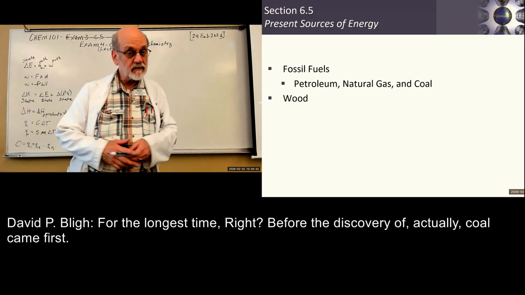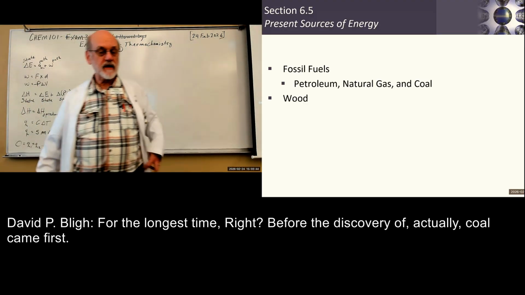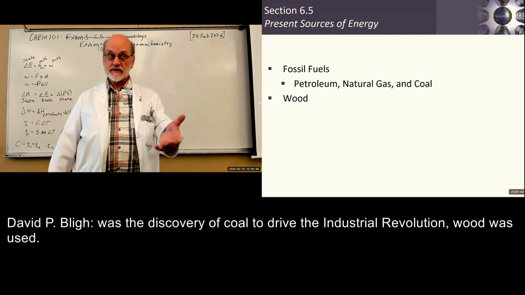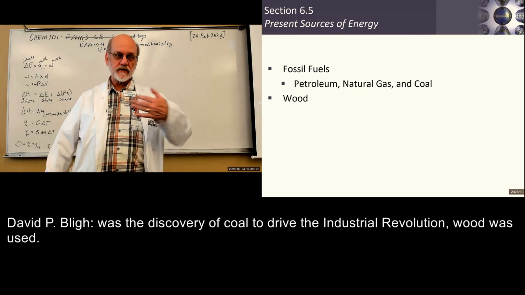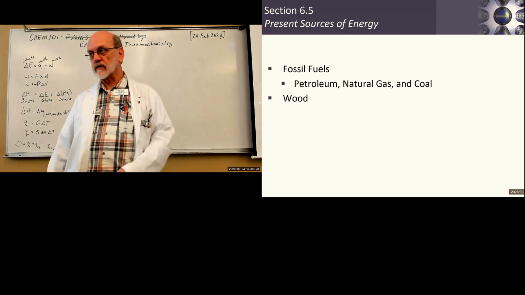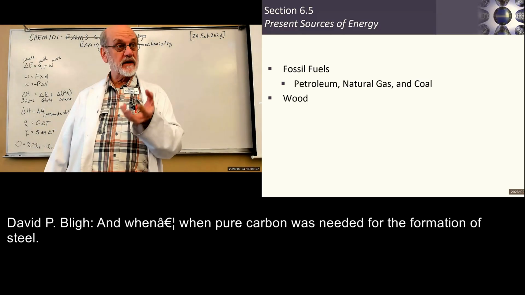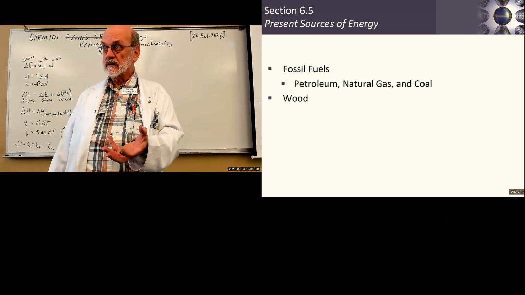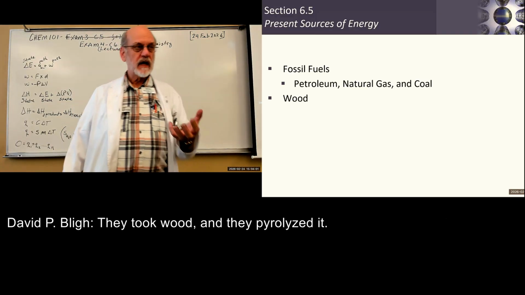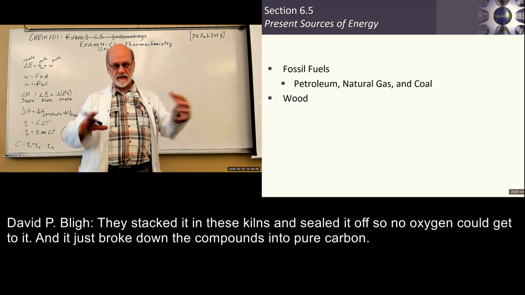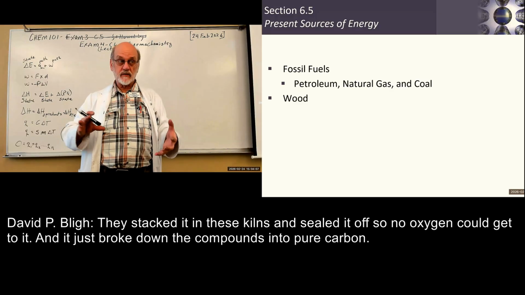For the longest time, before the discovery of, actually coal came first. Before the discovery of coal to drive the Industrial Revolution, wood was used. And when pure carbon was needed for the formation of steel, they took wood and they pyrolyzed it. They stacked it in these kilns and sealed it off so no oxygen could get to it.